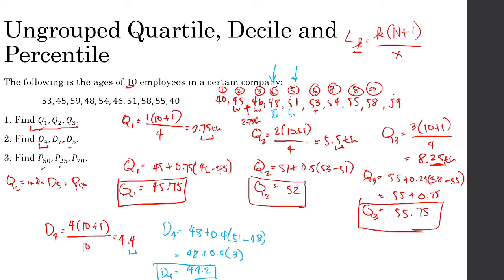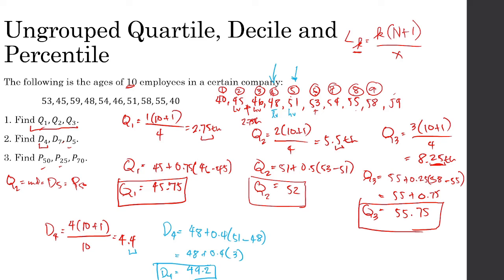Okay, so for the quartile, that just means, for the second quartile, 50% of the employees have an age, or the lower 50% of the employees have an age of 52 years old.